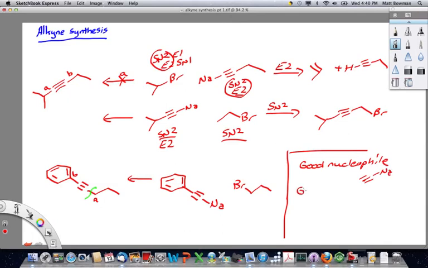You need to have a good leaving group. I suggest you use a Br or a tosylate as your leaving group. And it needs to be an unhindered carbon, so primary or methyl.